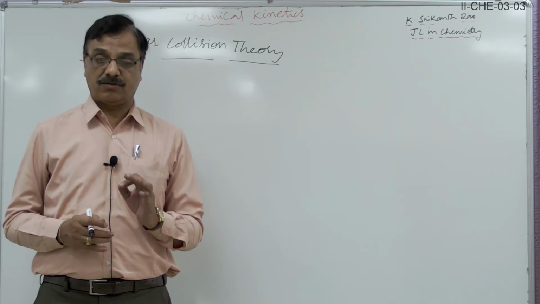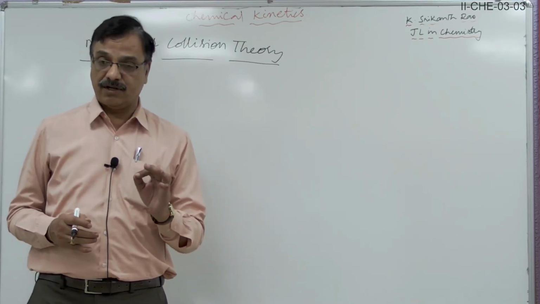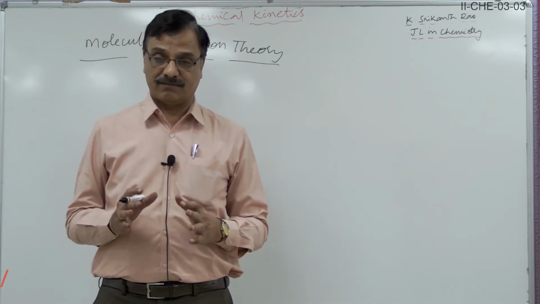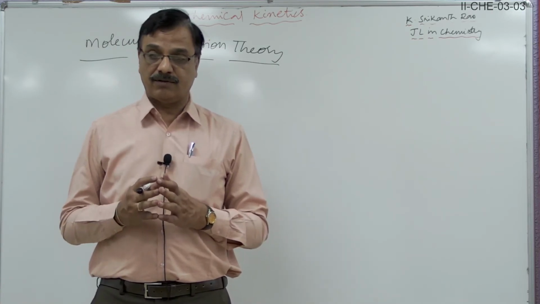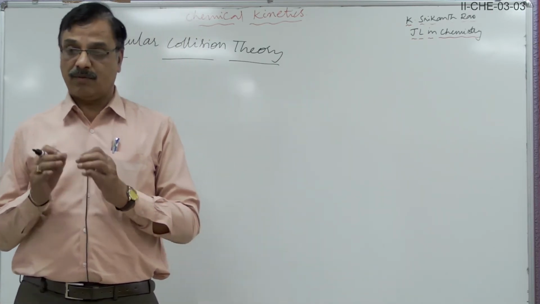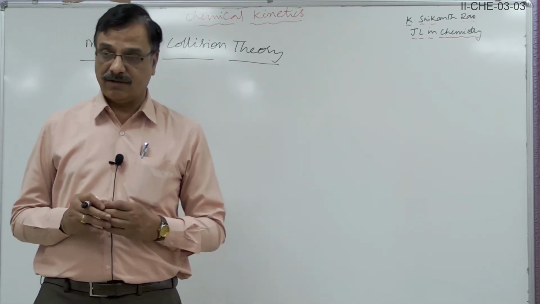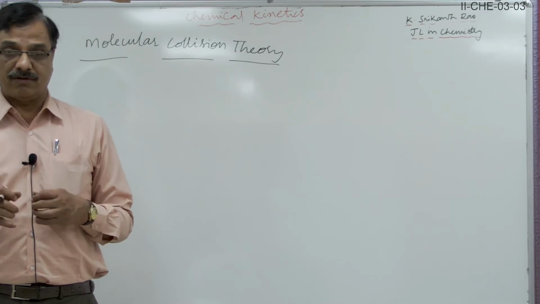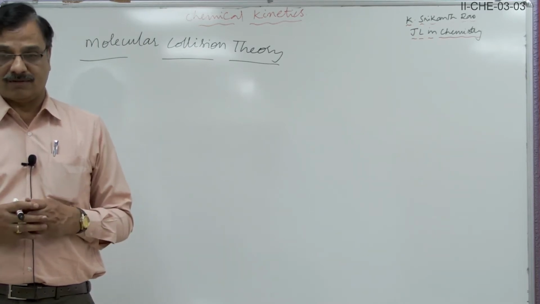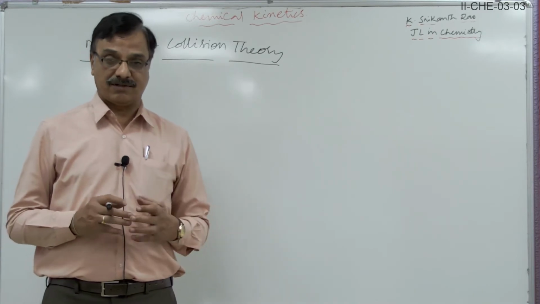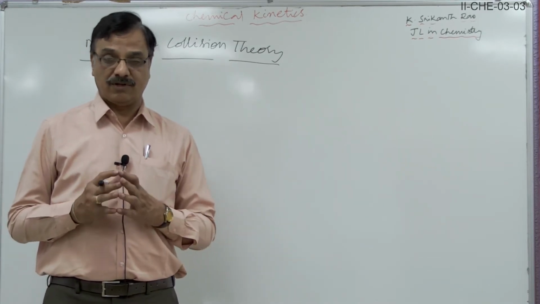Only such collisions which lead to the formation of product are called the effective collision. The reactant molecules must possess a certain minimum amount of energy, so that their collision leads to the formation of the product. Such collisions we call effective collisions or fruitful collisions.